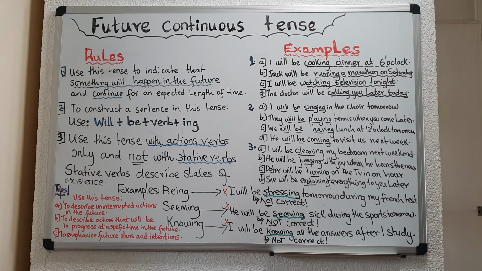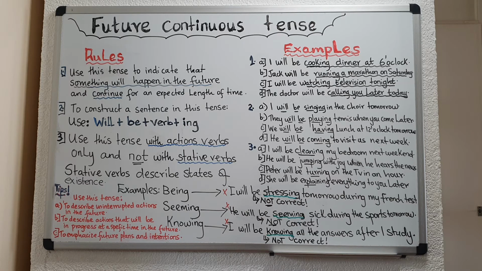So, to construct a sentence in the future continuous tense, you always use the construction will plus be plus the verb in its original form, and then you add ing.